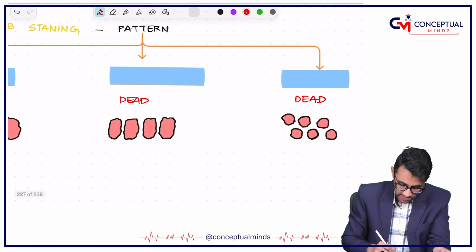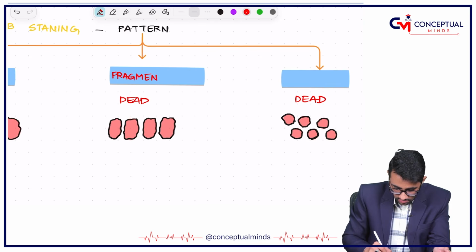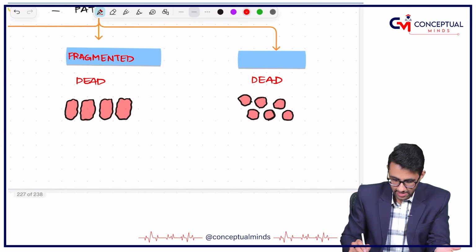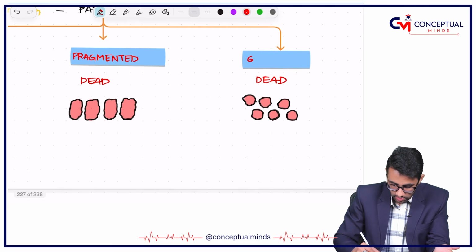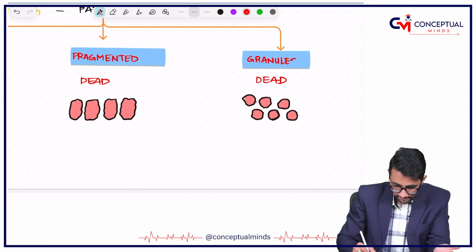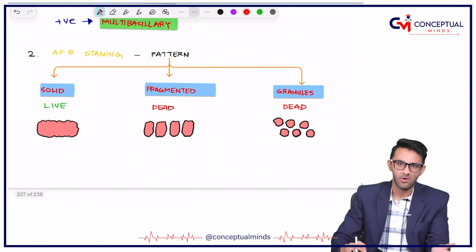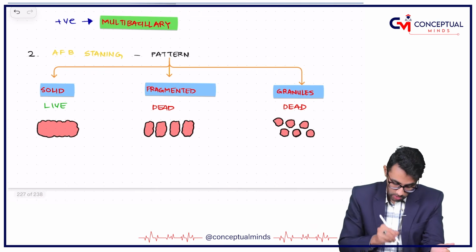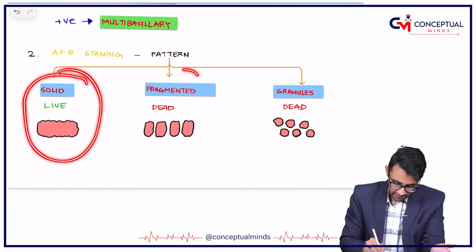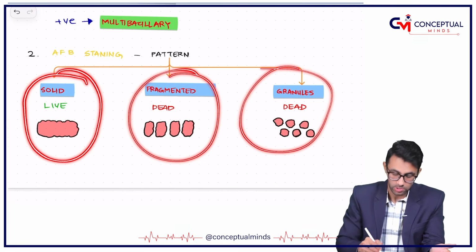When we see a fragmented pattern, it is dead. And if you see any granules, it is also dead. So why should you know this vocabulary: solid, fragmented, and granules?